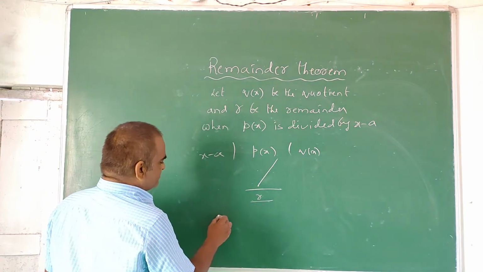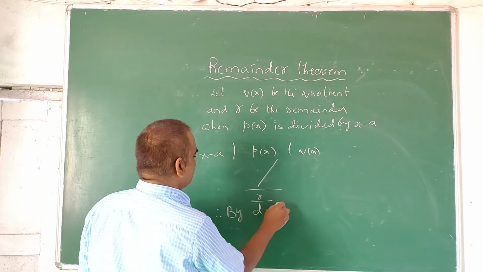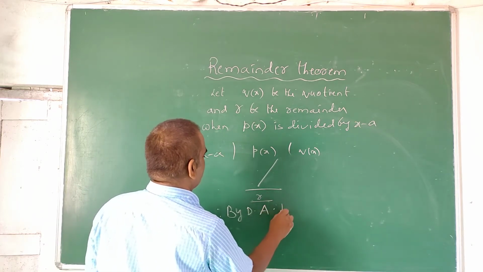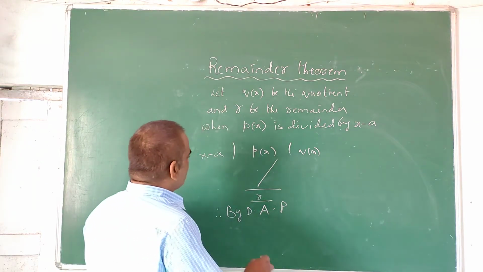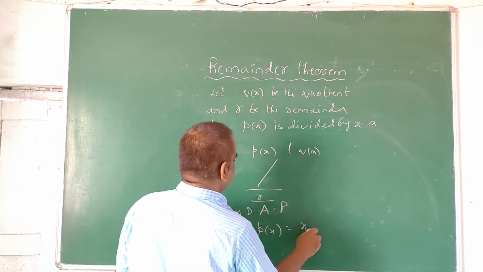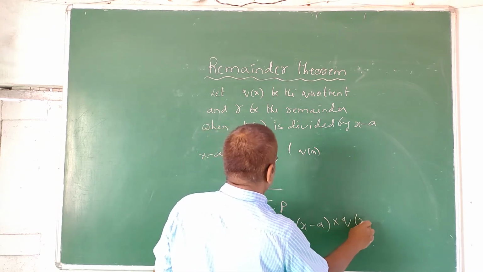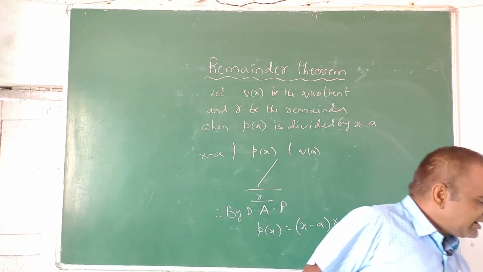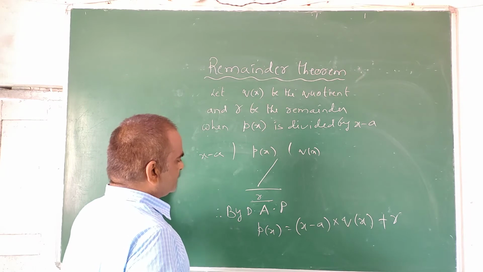So therefore, by using division algorithm of polynomials, I am using abbreviation, then what do you get? P of x is equal to x minus a into q of x plus r. So by division algorithm we get p of x is equal to x minus a into q of x plus r.